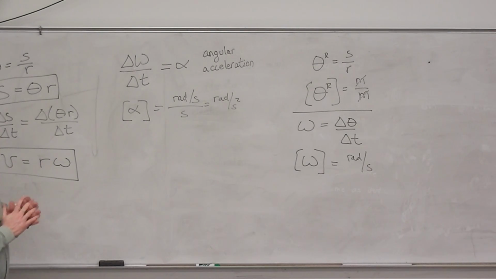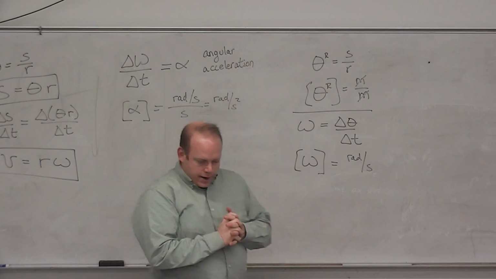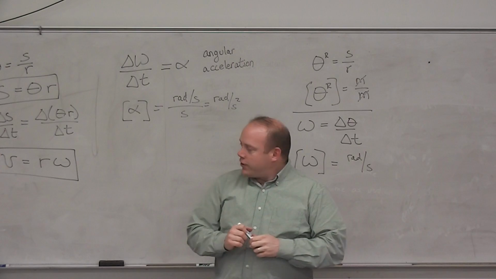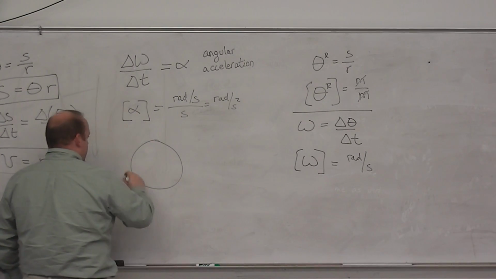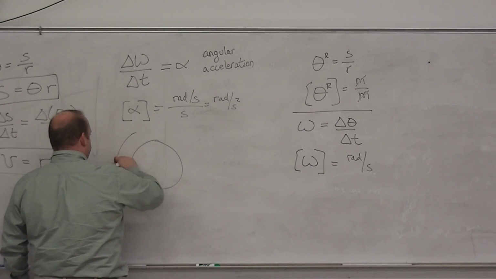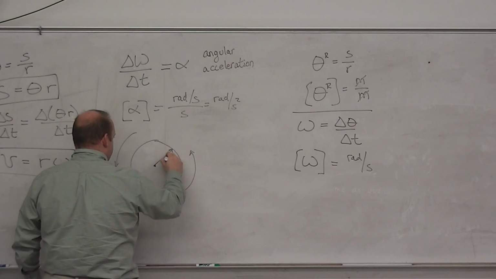Now, a couple things with this. I can relate the angular quantities. Let's just say that we have something spinning here, going around in this direction. It's got some radius r.